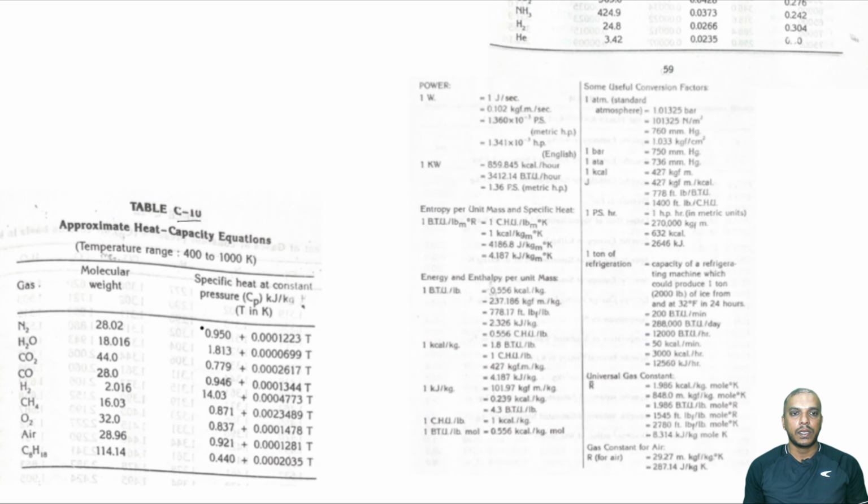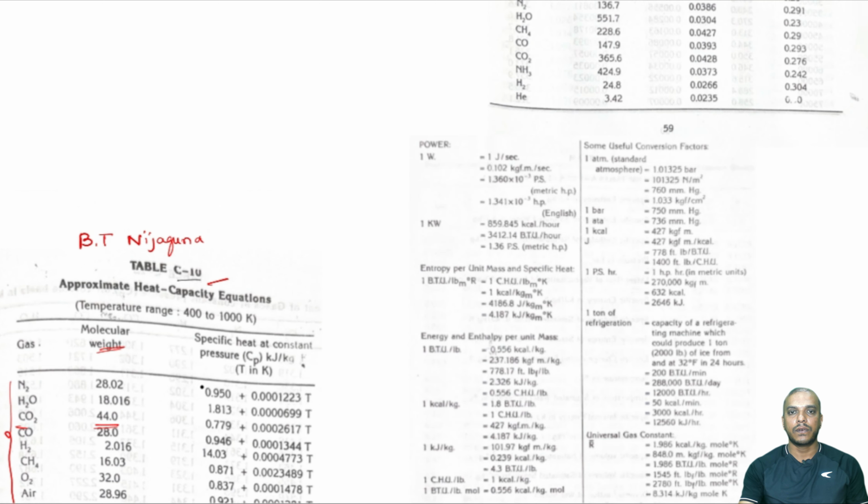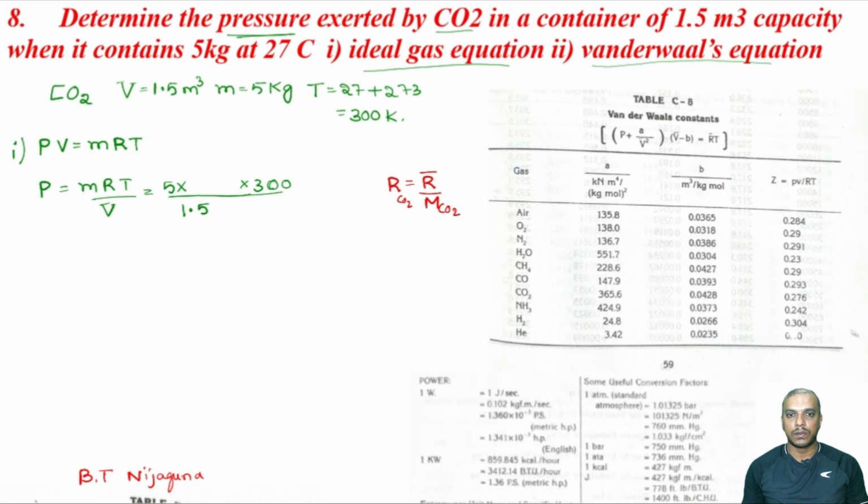You can find it in the Thermodynamic Data Handbook by B.T. Nijaguna. We have this table C10, in which all gases are listed with their molecular weights. We are looking for carbon dioxide. Carbon dioxide has a molecular weight of 44 kg per kg mole. So, in the denominator we have 44.